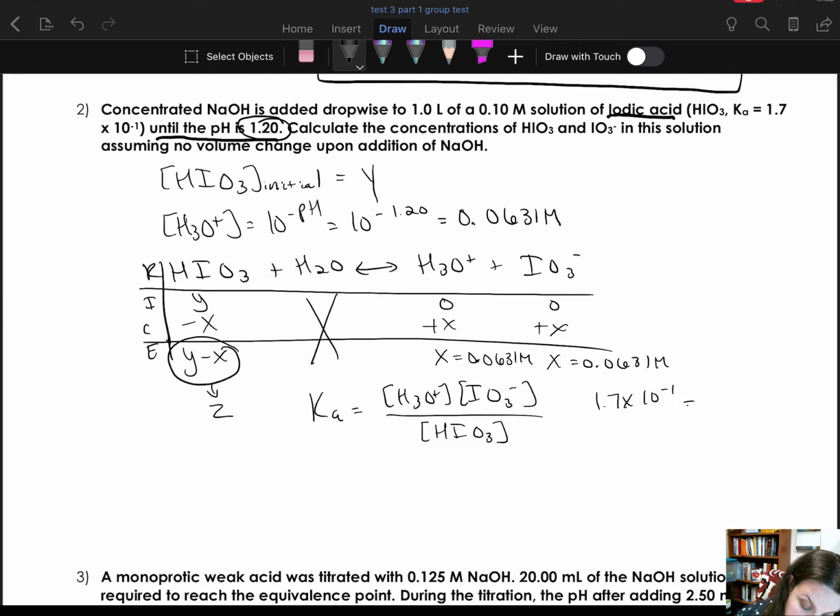It's going to be equal to 0.0631 squared divided by Z, where Z is my equilibrium iodic acid concentration. Okay, so I can do some math, solve for Z, and I get a Z value equal to 0.0865 molar, and Z is equal to my HIO3 concentration.